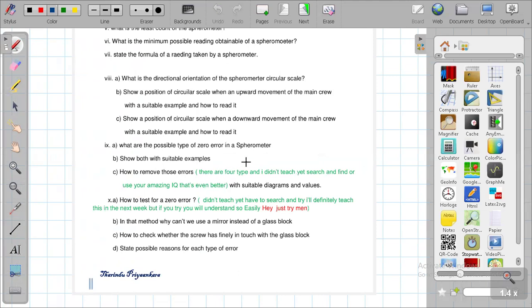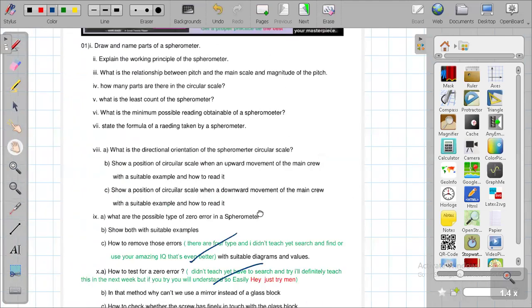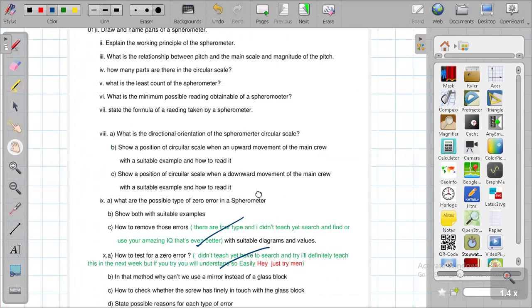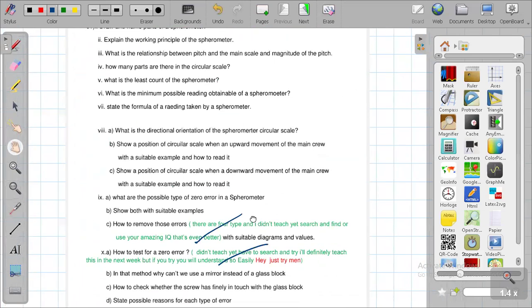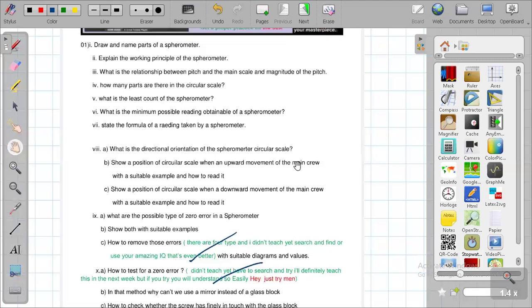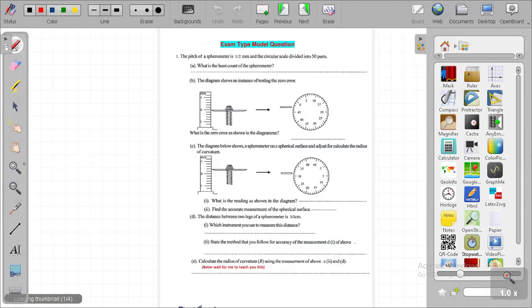But now you know this part, and you can do the entire set of this at home. Let's go for real questions here.